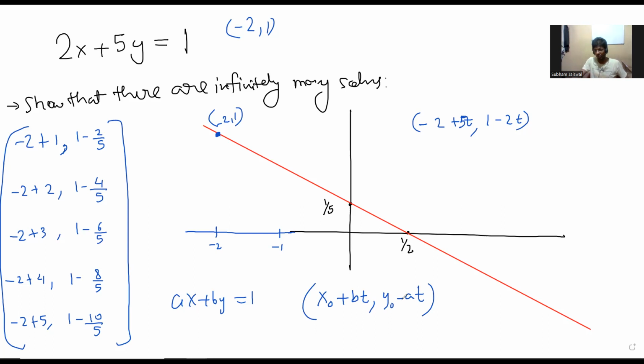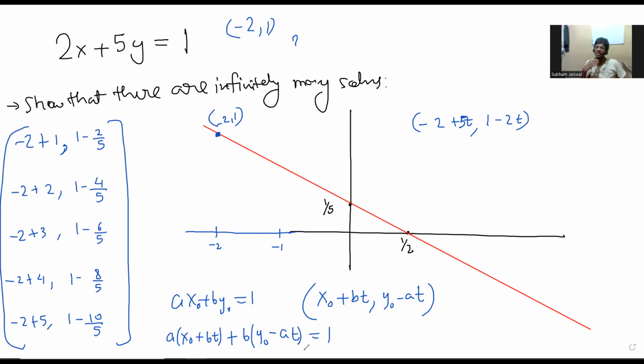This is also very obvious, right? Because if a times x naught plus b times y naught is 1, then what's the other choice? You put x naught plus bt, and you balance it by subtracting at from y naught. This is the obvious way to generate the other solutions, and these are the only ways because of the physical argument that we did.